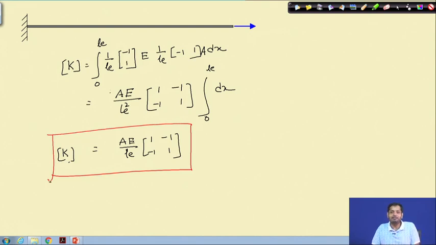But now we have arrived at this stiffness matrix in a more general way. You may ask, if at the end we are going to get the same stiffness matrix, then what is the point of all this exercise? The reason is, this will allow us to derive stiffness matrices for different kinds of elements, not just for truss.